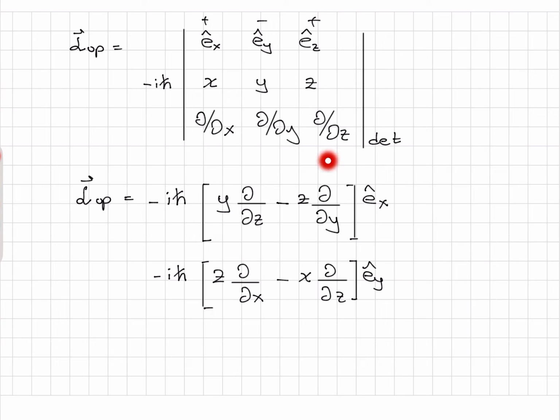And the last term is crossing out the first row and third column, x del/del y minus y del/del x. So we're going to have minus i h bar, x del/del y minus y del/del x.